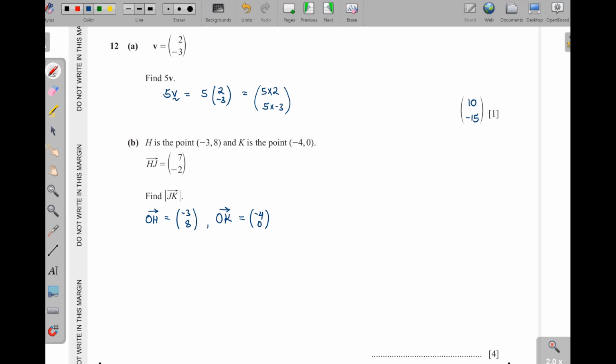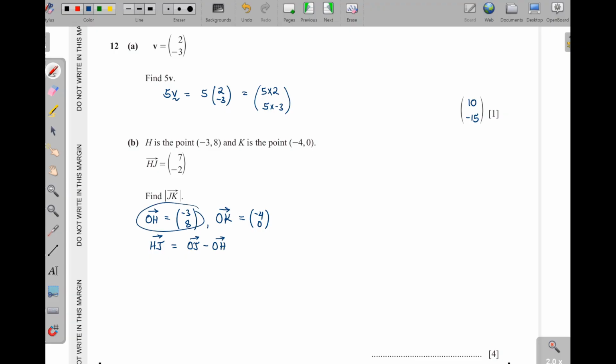Then, after that, HJ, from H to J, and it was given here, is 7, -2. Now, HJ is actually equal to OJ minus OH.